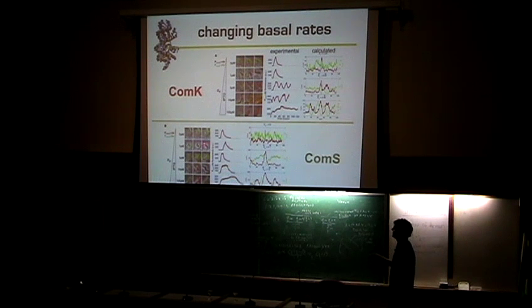Okay, so this is what we get for increasing the basal expression of ComK. You see that initially the probability of having competence cycles doesn't really increase that much, but you see that the peaks here are wider. That means that the cycles are longer.